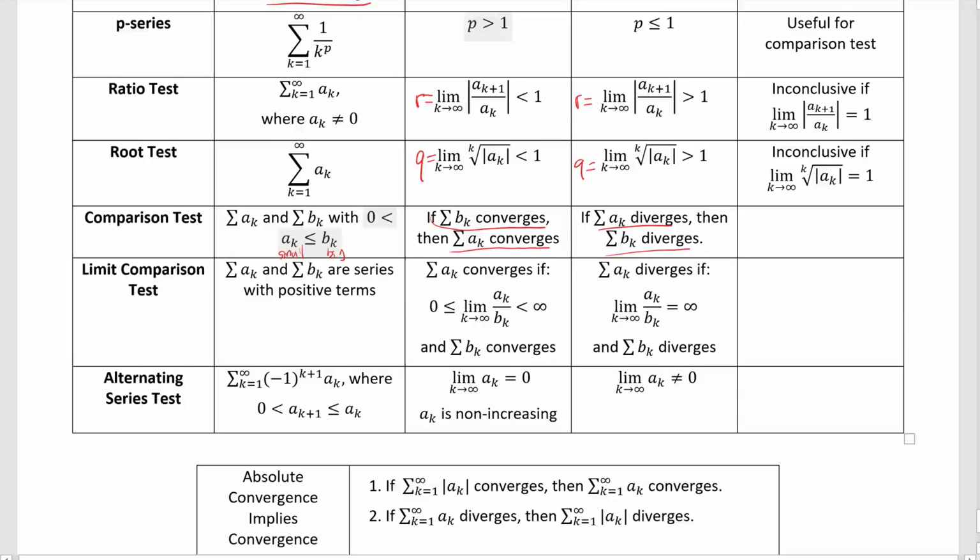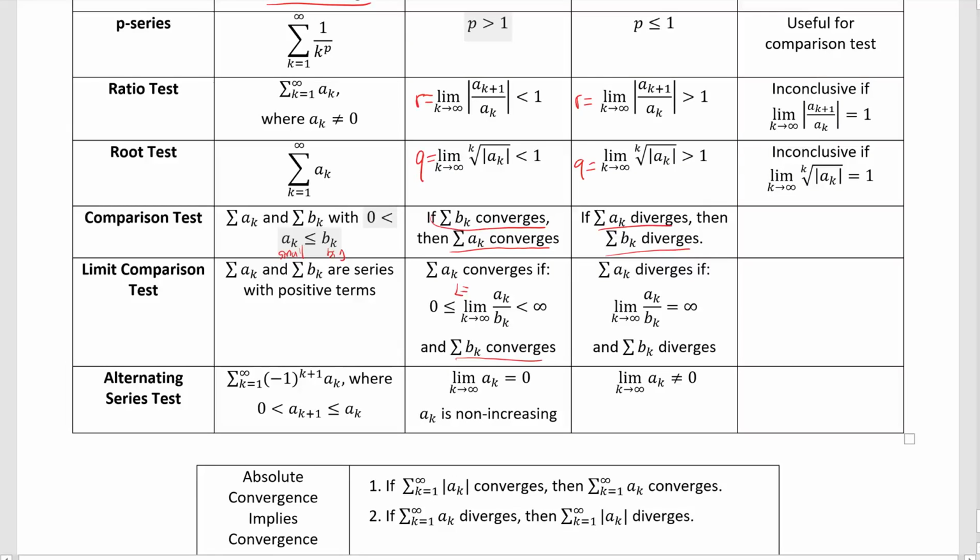Then you compute the limit L. If L is a finite number, and if your series b sub k converges, then our a sub k also converges. And if b sub k diverges, our series also diverges, if the limit equals a non-zero finite number.